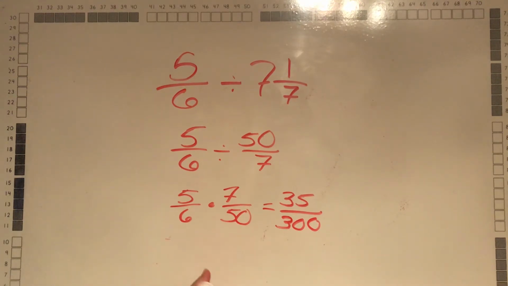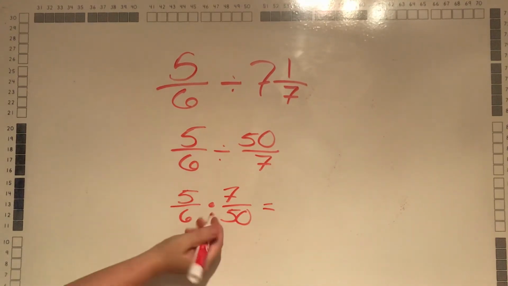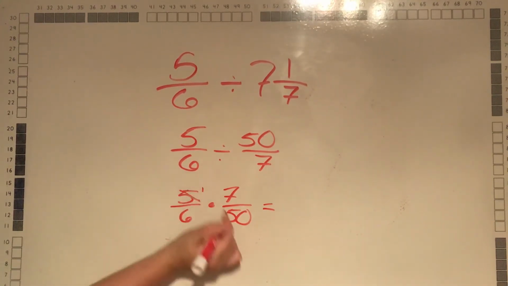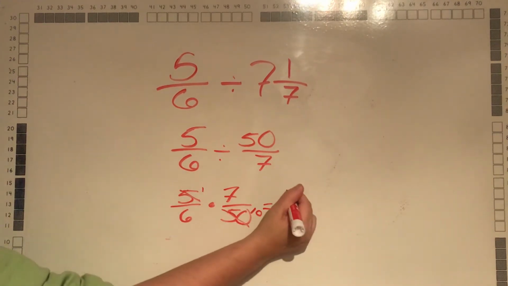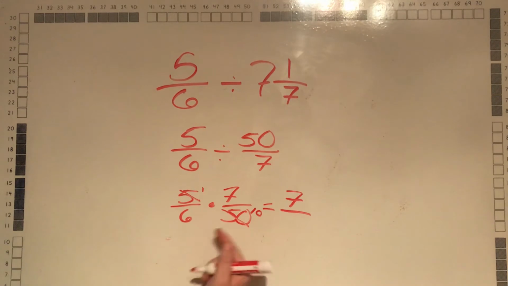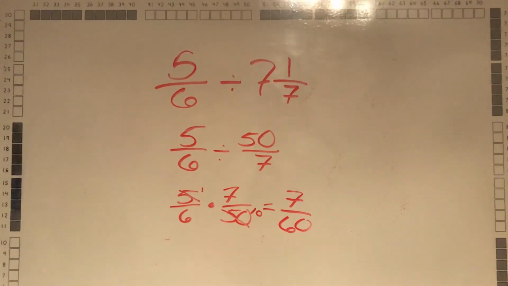Now, we can do it that way, or we can apply the rules we know about multiplying fractions and simplify this. 5 goes into 5 once, 5 goes into 50 10 times. That gives us 7/60. And since 7 is a prime number, we cannot go any smaller than that.